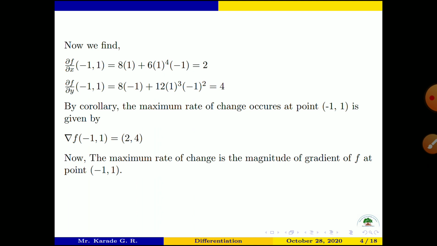That vector is (2, 4). So we find the magnitude of the vector gradient of f at (-1, 1).